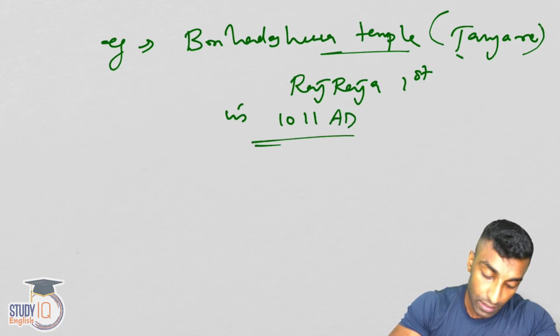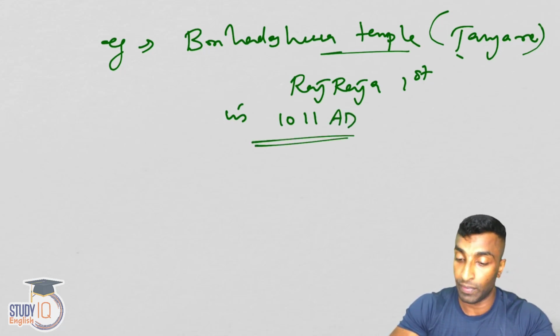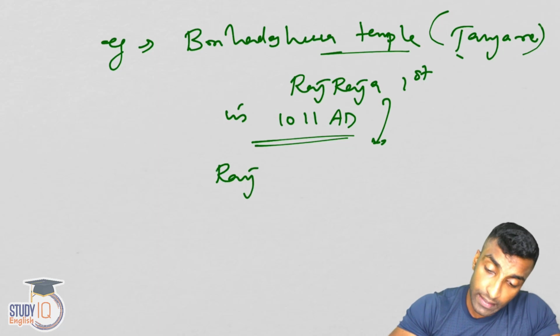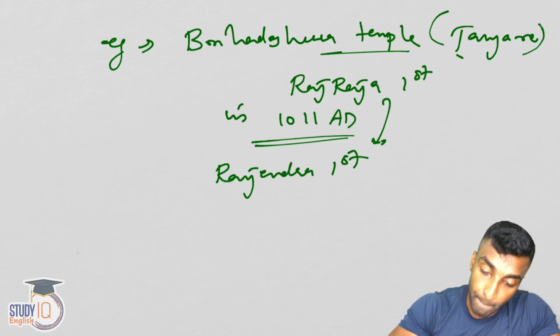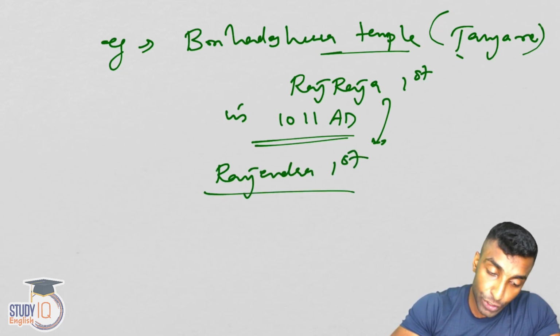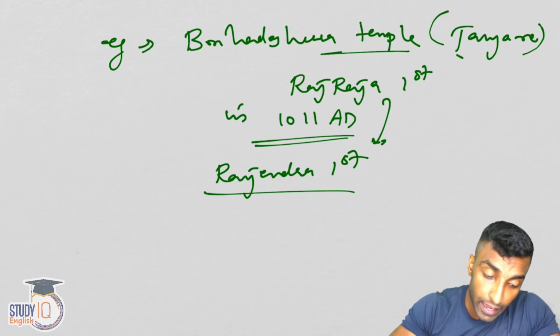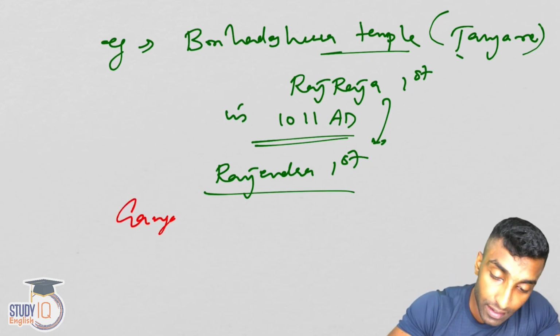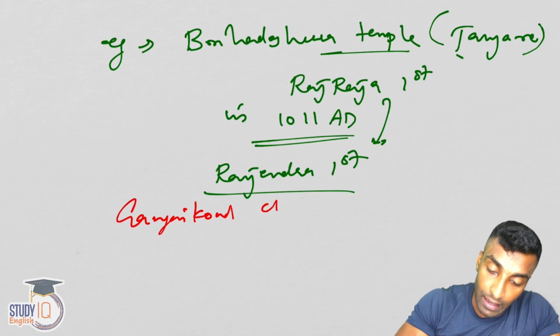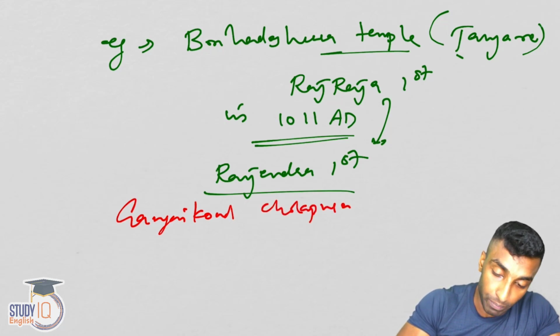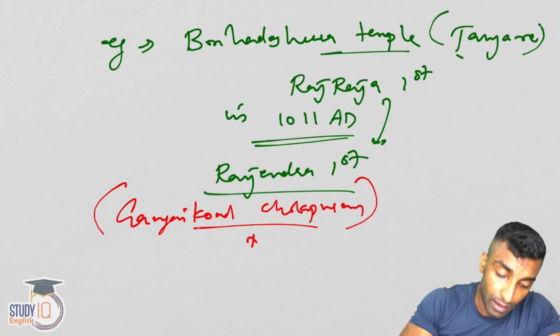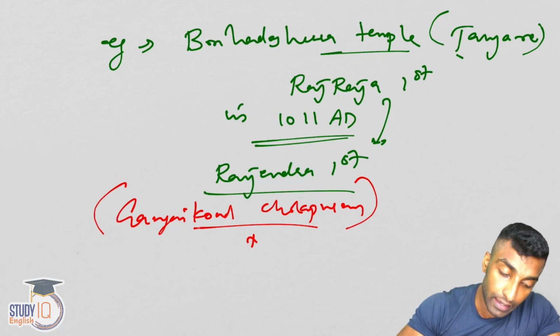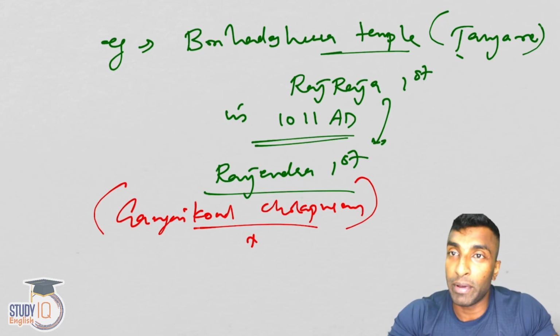In 1011 AD. Now, his son Rajendra first built the temple of Gangai Kond Cholapuram. Just write it correctly, Gangai Kond Cholapuram. This was actually made after conquering the Gangetic Delta, to commemorate his victory.